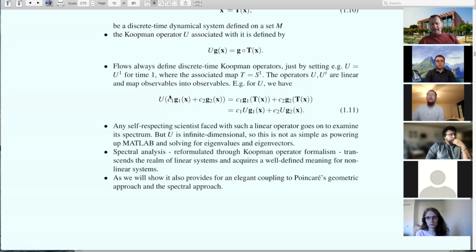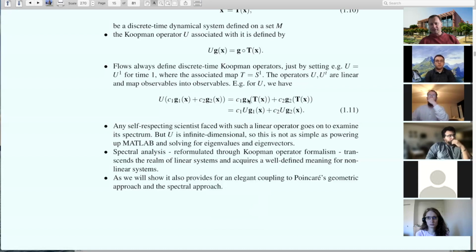Then U acting on this is just a composition of this new function, c1 g1 plus c2 g2, with T. If you want to evaluate this function at T of x, since it's just a plain sum, you can evaluate separately this function on T of x and that function on T of x and multiply them with c1 and c2.